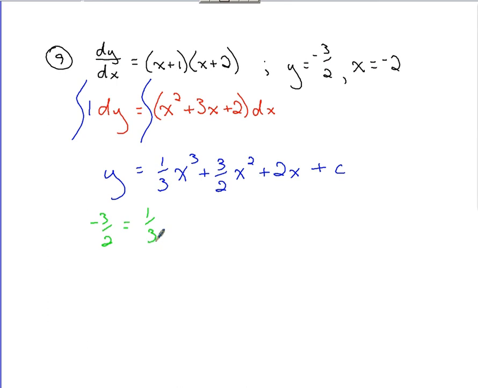We'll plug in negative 2 for x. All that's left now to solve for is c. So we got a little fraction party going on here.